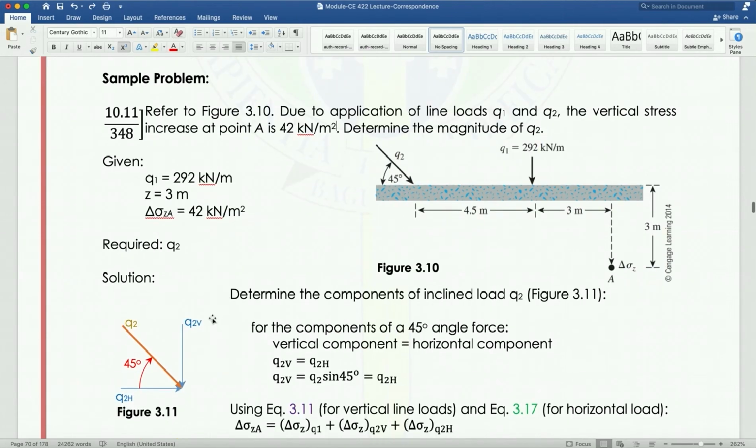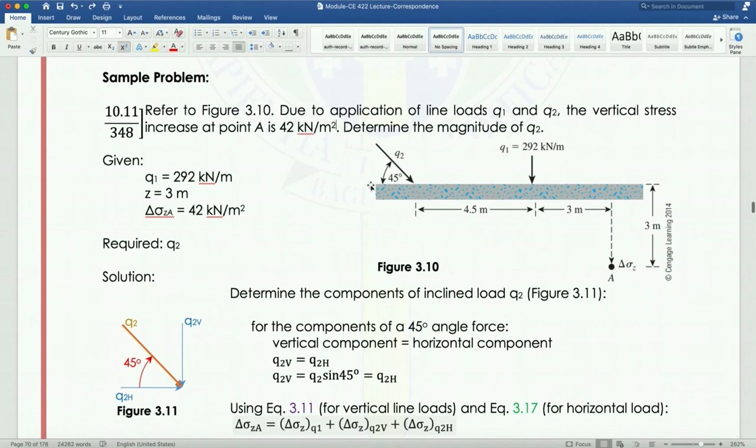Redrawing the free body diagram, we have Q2, inclined 45 degrees with respect to the horizontal. Therefore, the values of Q2H and Q2V are equal because our inclined plane is 45 degrees. Q2V is equivalent to Q2 sine 45, which is equivalent to Q2H. Since we have two loads, we will have the summation.